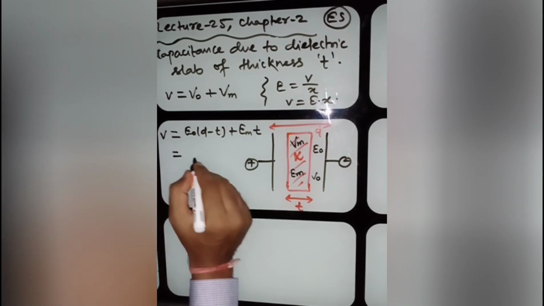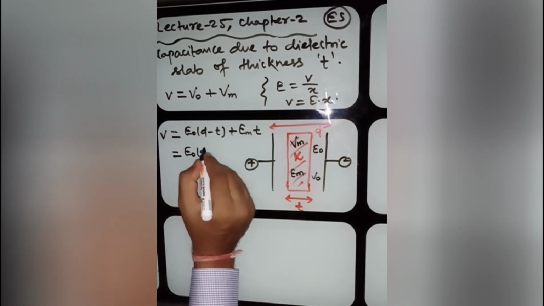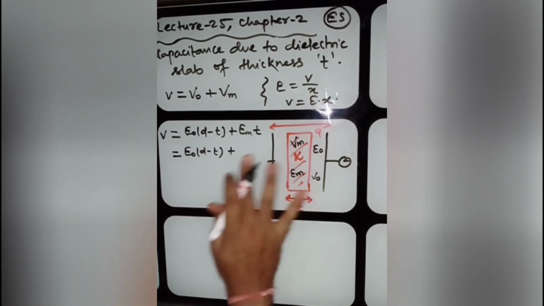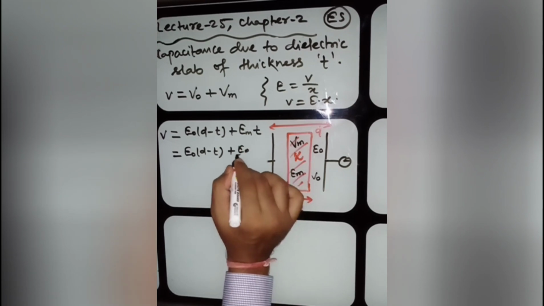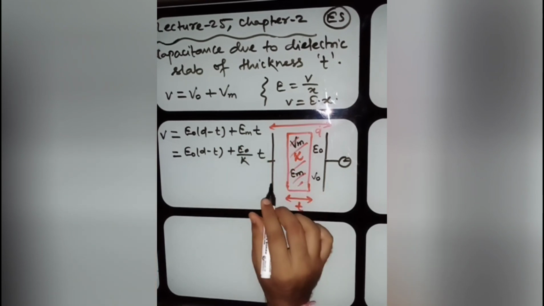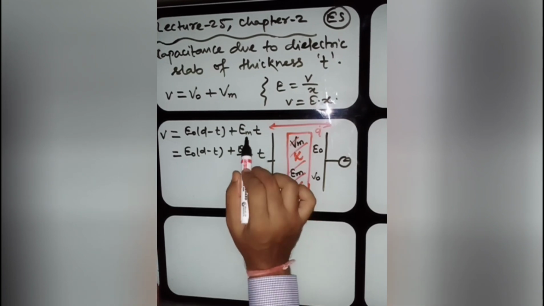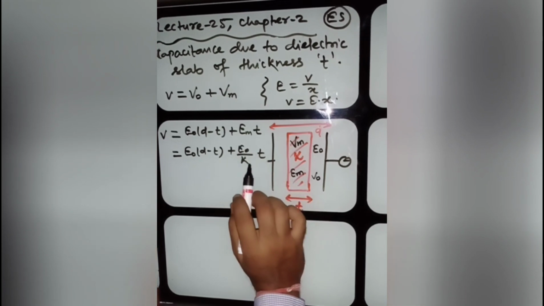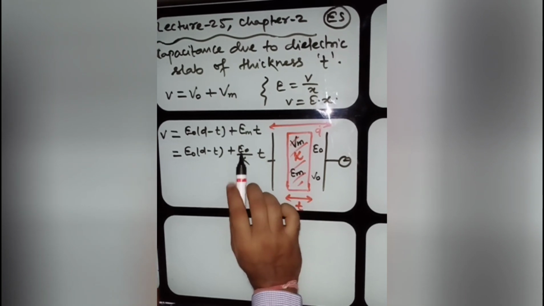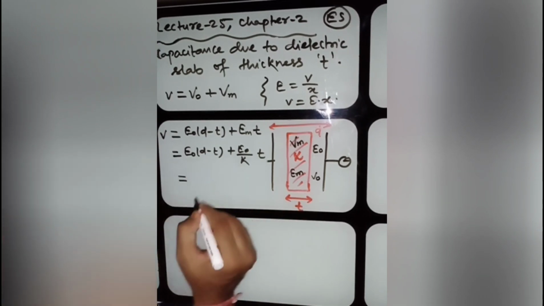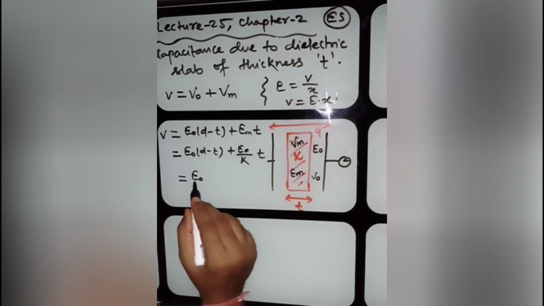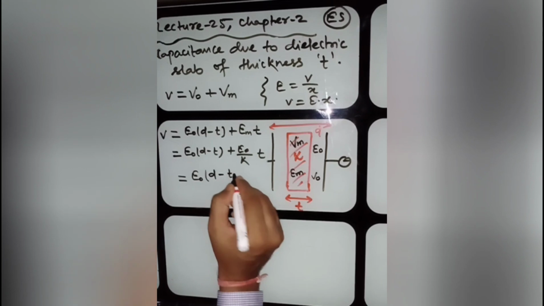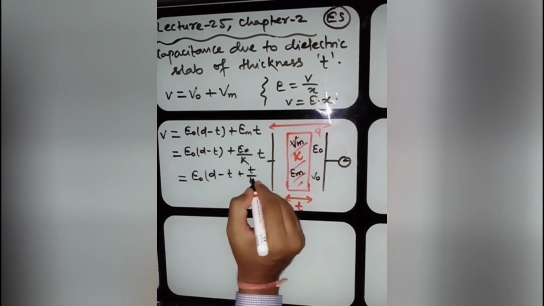Now this can also be written as E naught times D minus T plus Em, which can be written as E naught by K times T. How is this E naught by K? We know that the electric field in a medium will be 1 by K times the electric field in free space, that is in vacuum. So this will be written as this one. Now E naught, this is the electric field, remember. E naught can be taken as common, and it is D minus T plus T by K.